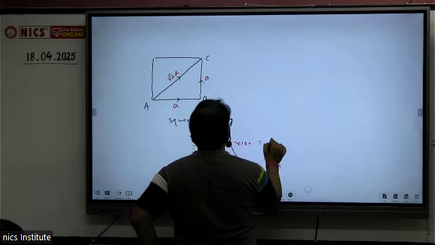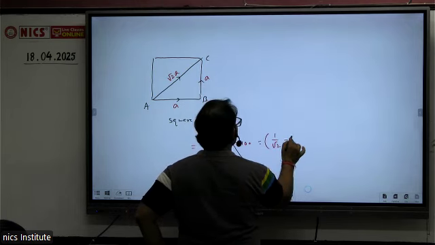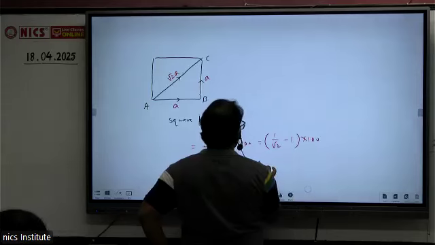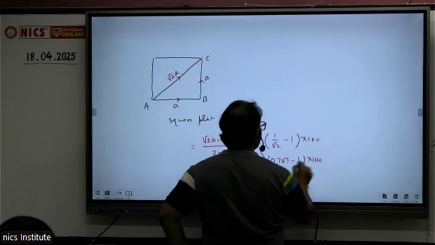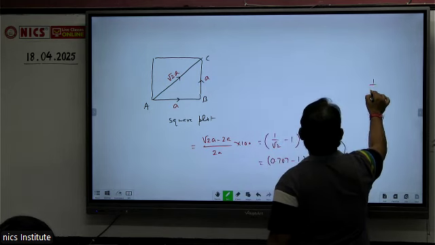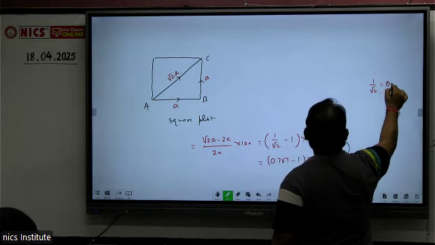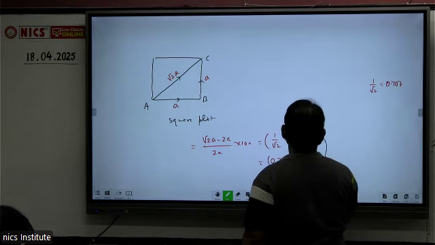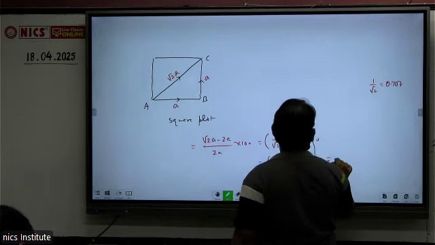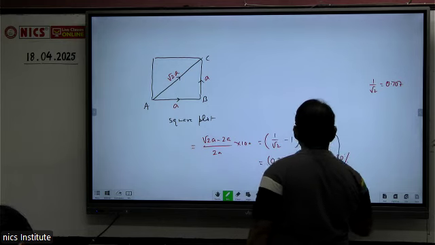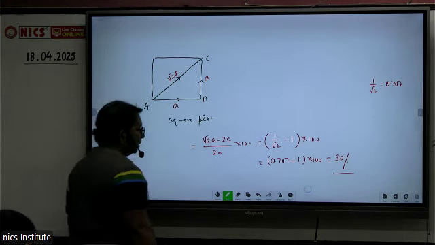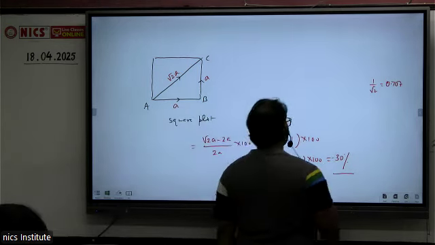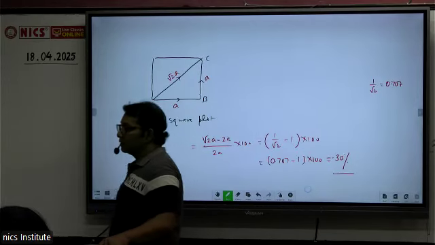So what's the answer? 1 by root 2 is 0.707. 1 by root 2, remember this. So approximately it'll be 30%. Negative sign means that he's saving. The walk has decreased by 30%.